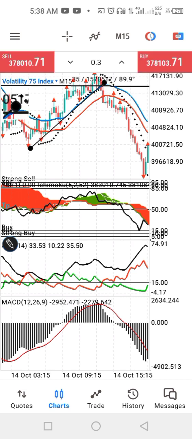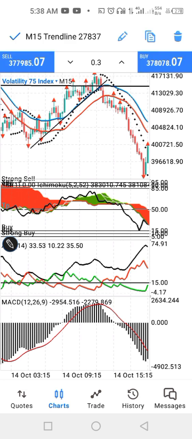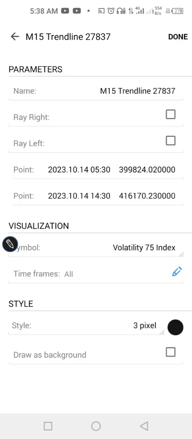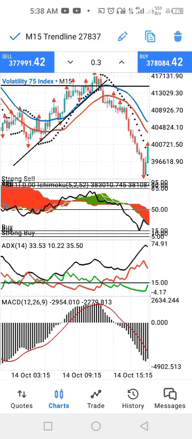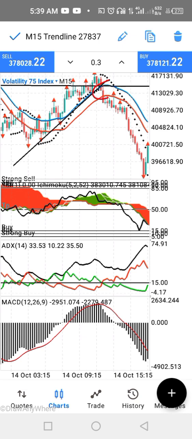It gives me a breakout. Can you see that, guys? Let me bold it so you guys can see very well. It broke out right from this point. It broke out here.